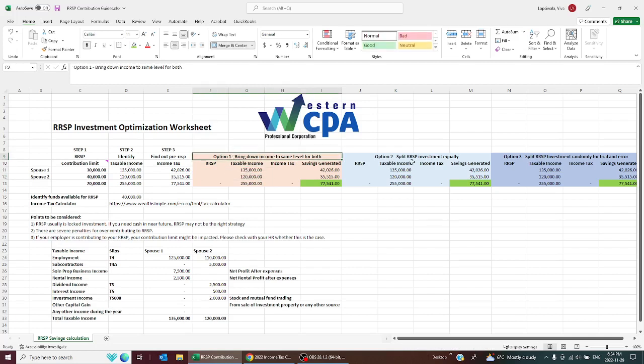That's one scenario. The second scenario is to split the RRSP investment equally, being 40,000: invest 20 here, invest 20 here. And option 3 is for you to do trial and error. So put a random amount here and a random amount here to come to 40,000 and see whether you're getting any better results. This is your RRSP saving apparently, right?